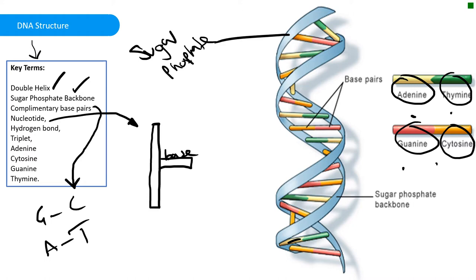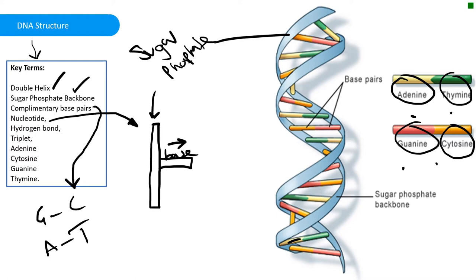And hopefully you can see that DNA consists of a repeating unit called a nucleotide, which builds up the double strand of DNA. It's a building block of DNA, and it consists of the sugar phosphate backbone and a base.